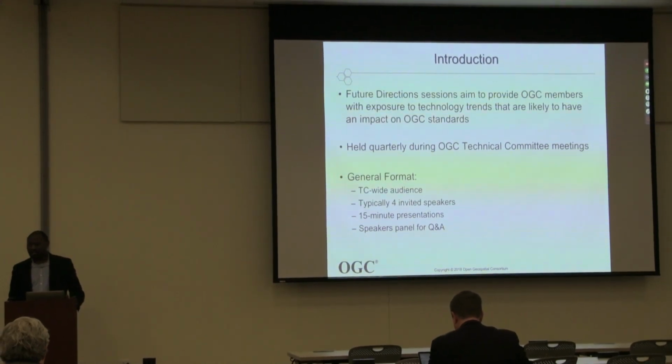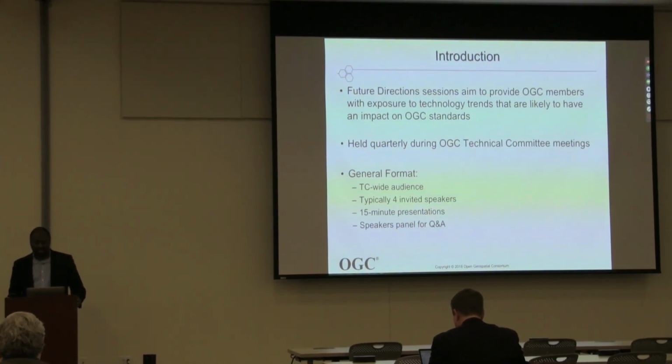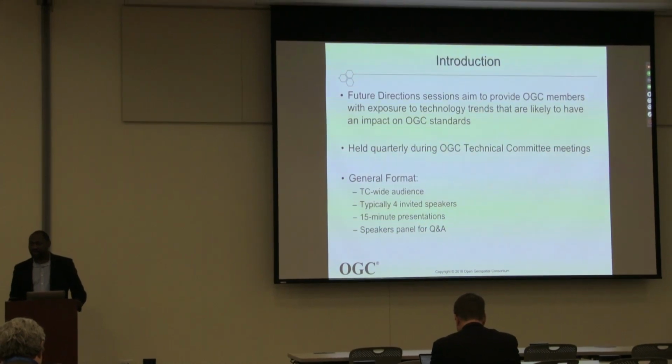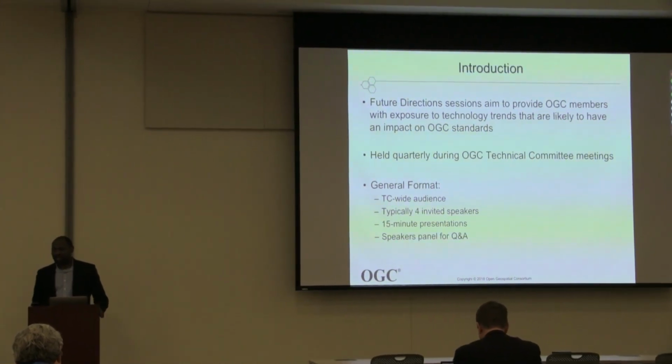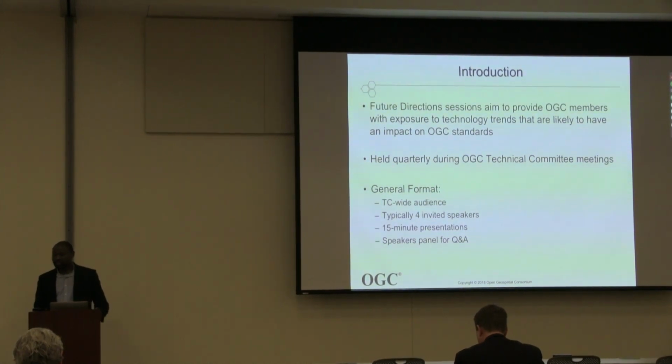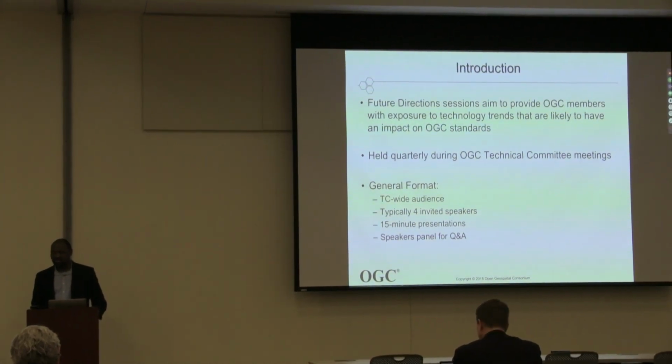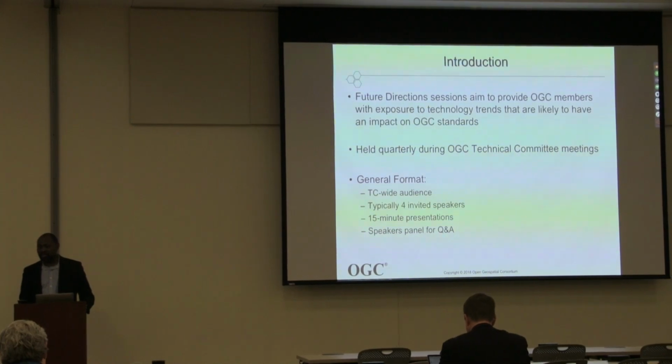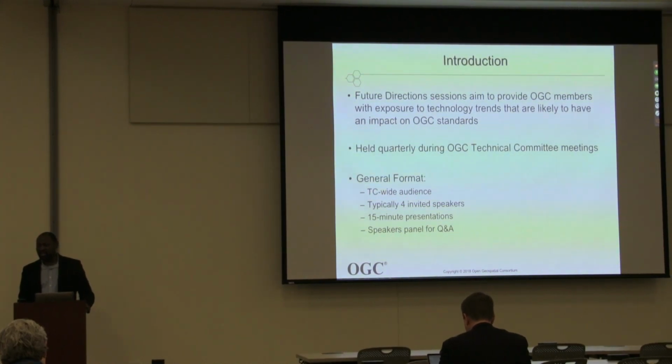The sessions are held quarterly, so every TC meeting, and generally the format involves a panel of presenters with about a 15-minute presentation per speaker, followed by a question and answer session, including discussion.